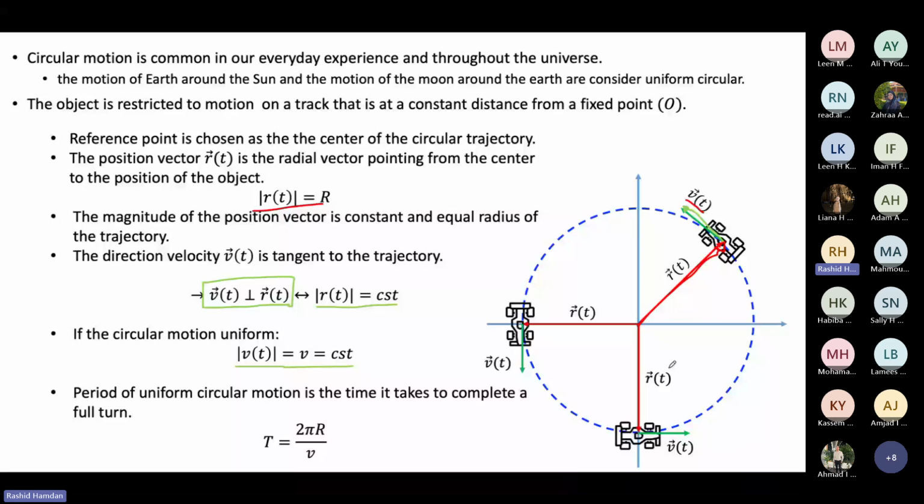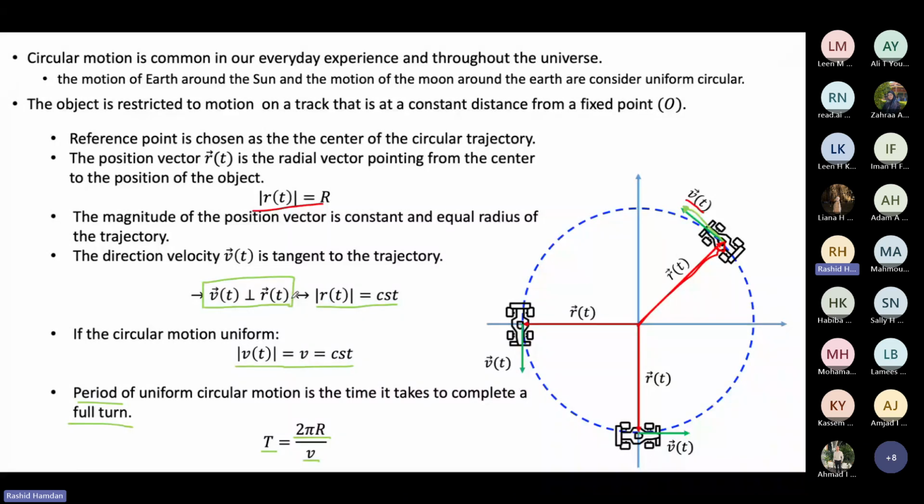So the perimeter of the circle is 2 pi r, over the speed v. That gives me the period T. Well, t comes from time. Capital T means the period. It's the time it takes to complete a full turn around the circle. So that's the condition to stay on a circle, that v is perpendicular to r.